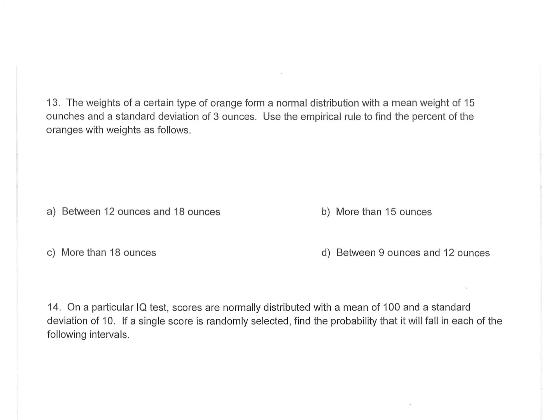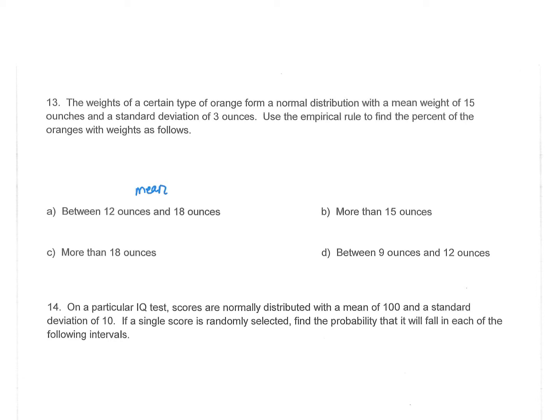Next question. The weights of a certain type of orange form a normal distribution with a mean weight of 15 ounces and a standard deviation of 3 ounces. Use the empirical rule to find the percent of oranges with weights as follows. So how many oranges have weights between 12 and 18 ounces? Well, the mean is 15.